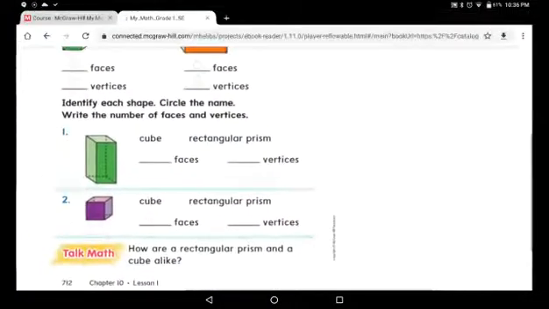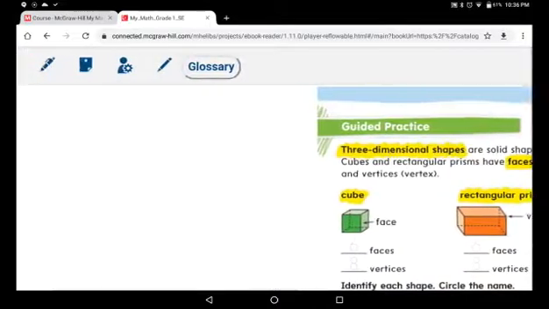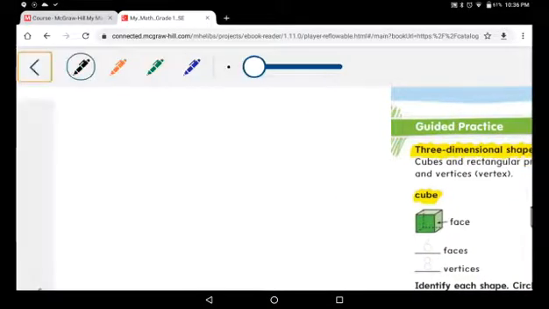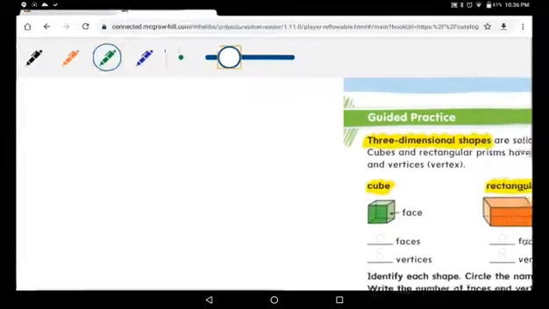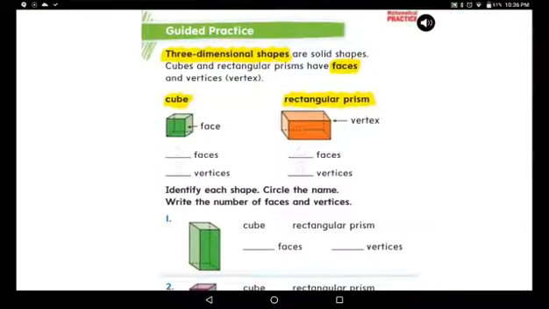Now, look at this page. In this page, we will learn more about cubes and rectangular prisms. What did we say? We said they are not two-dimensional shapes, they are three-dimensional shapes.